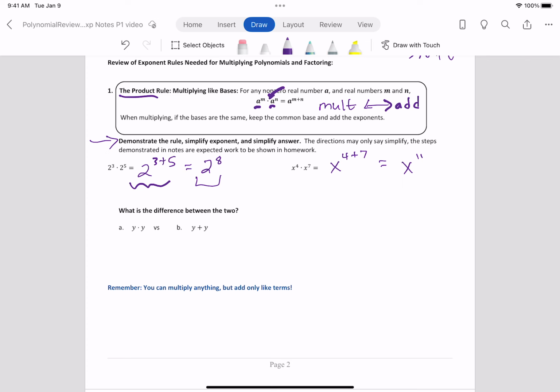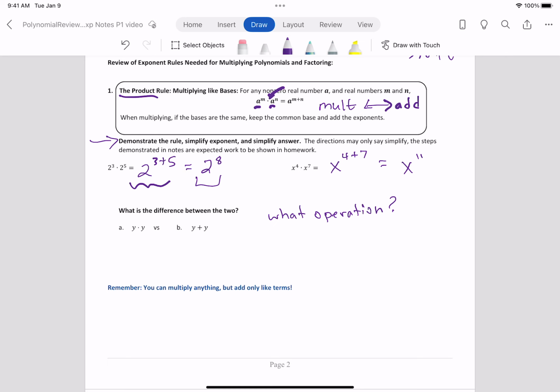Now the next thing that you see, what is the difference between these two, is something that comes up a lot, especially when we're first starting with multiplying, factoring and stuff, trying not to get mixed up which thing we're supposed to do when. The key to this is, of course, to look at what operation am I being asked to do.